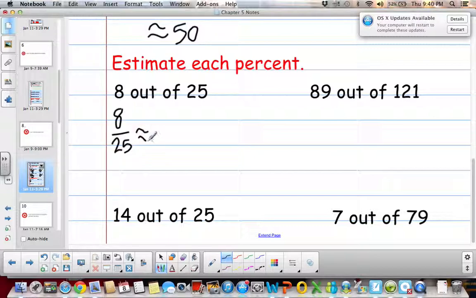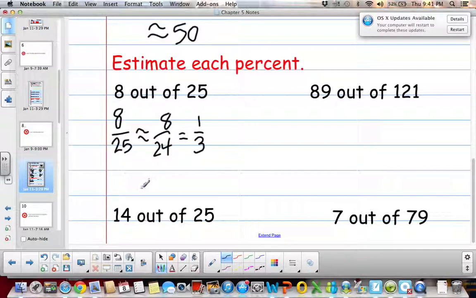But if we change it to 8/24, if we simplify 8/24, take a second to think of what that would equal. 8/24 would equal 1/3. If you look on your table, what percent equals 1/3?